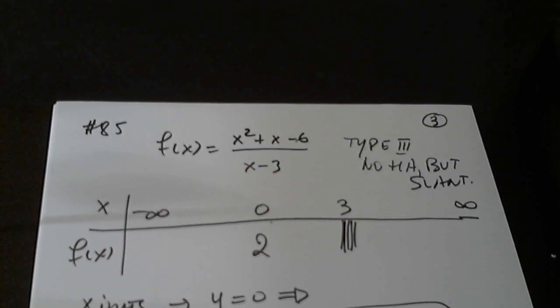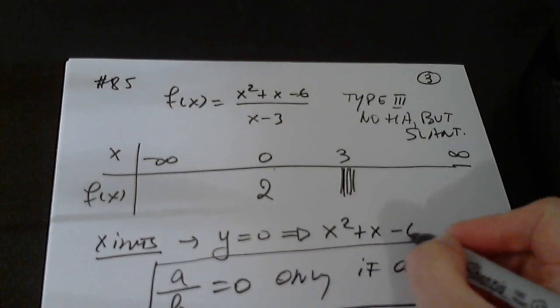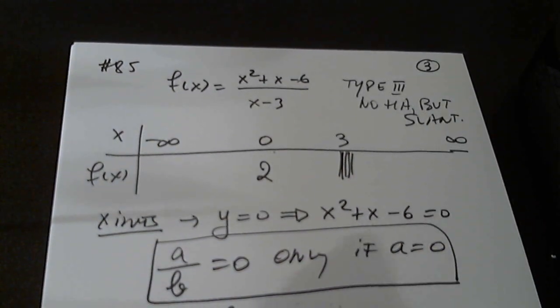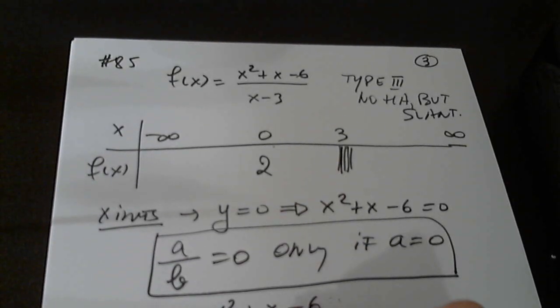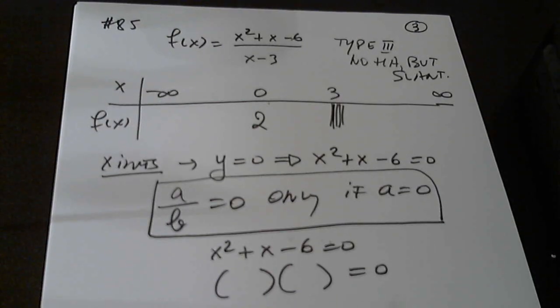Perfect. Good. So in this case, the numerator is x squared plus x minus 6 equals 0. I'm going to write it again here. Can anyone factor this for us? So we can find the x-intercepts.